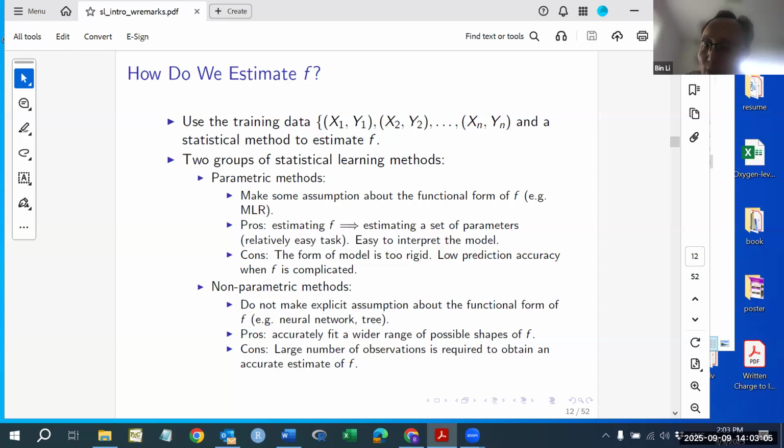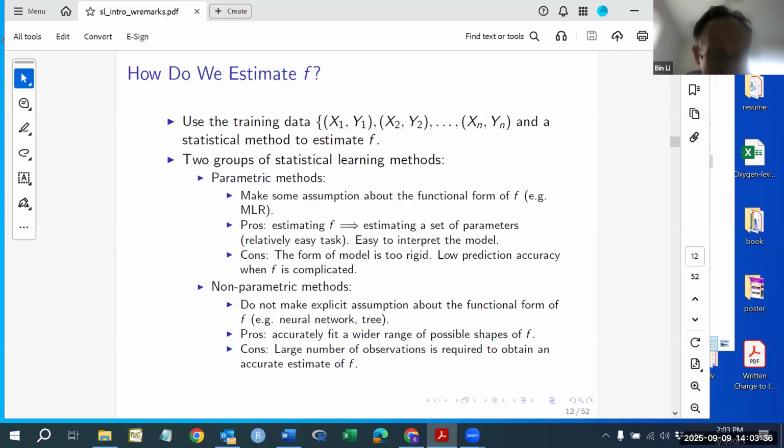Because for these non-parametric methods, especially deep learning, which is very complicated, usually has thousands or hundreds of thousands of parameters, and that requires a much larger sample size. So a few hundred is not large enough to fit those non-parametric approaches. That's why classical statistical models still work very well.